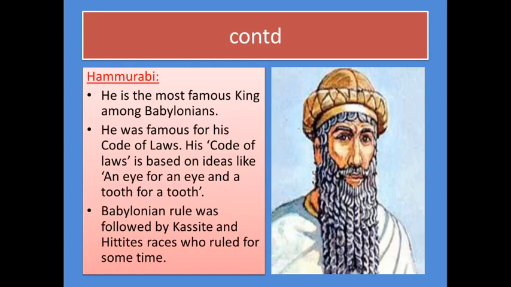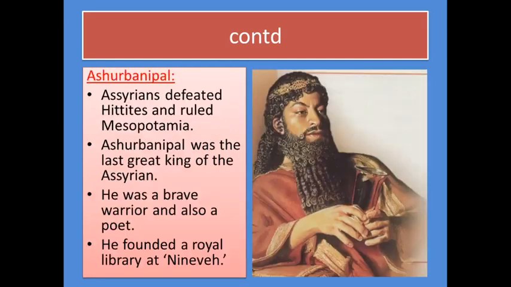Babylonian rule was followed by the Kassite and Hittite races who ruled for some time. This is the Hammurabi code which the Babylonians followed.